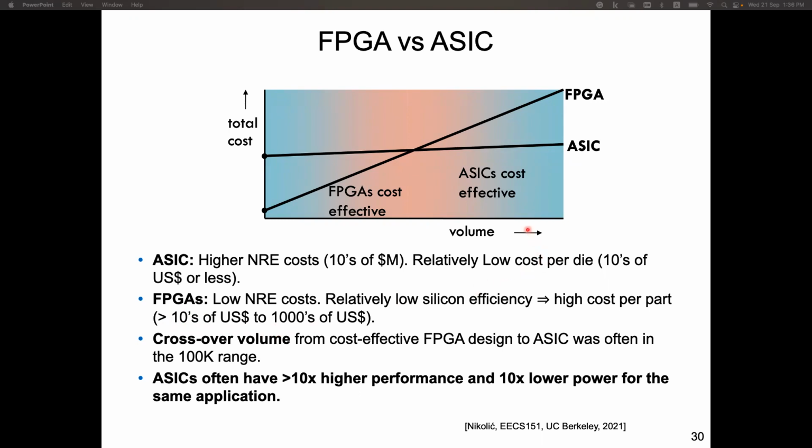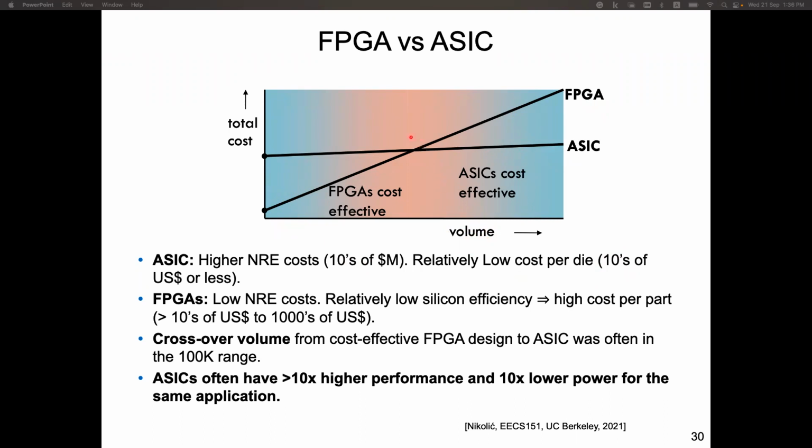And for the ASIC, the cost per die, per chip is low. Of course, it depends on the size and technology node. For advanced designs it is usually in tens of US dollars. So here, the FPGA cost increases significantly with the number of chips you require.